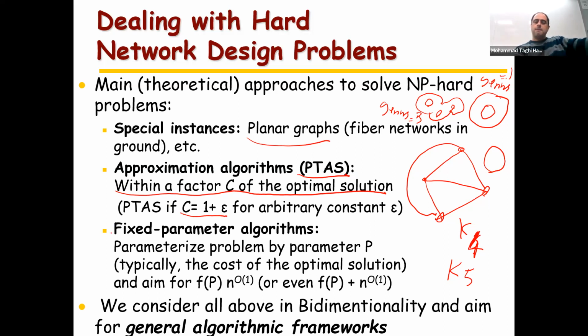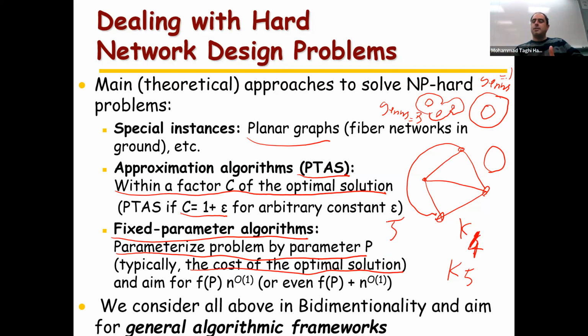We talk about fixed parameter algorithms. It is a problem which is parameterized by a parameter P, and P is typically the cost of the optimal solution. For example, this is a city, and you want to ask, can I create 5 fire stations such that everyone is within a reasonable distance from one of these fire stations.